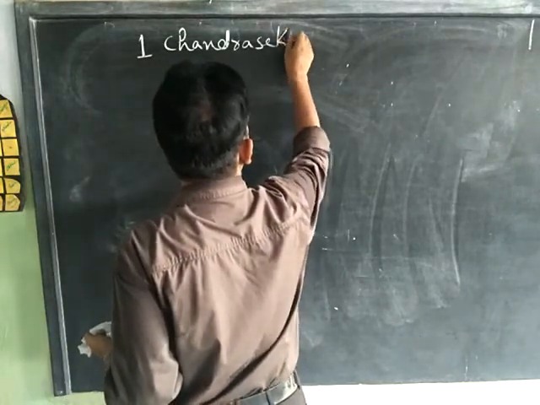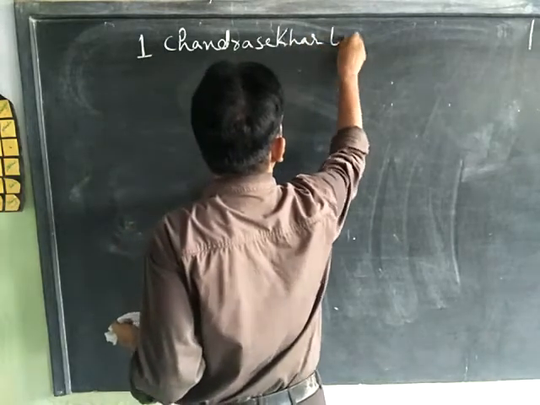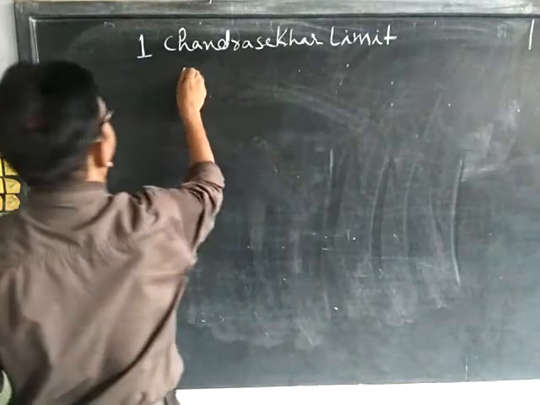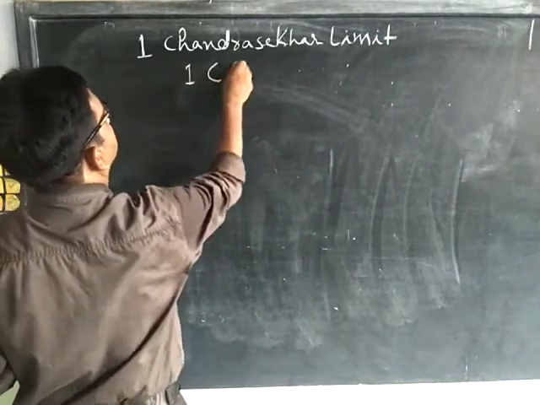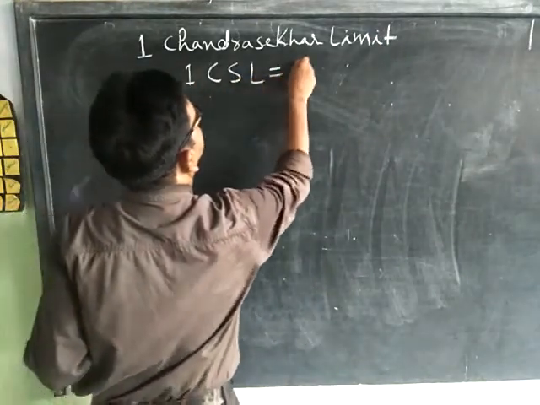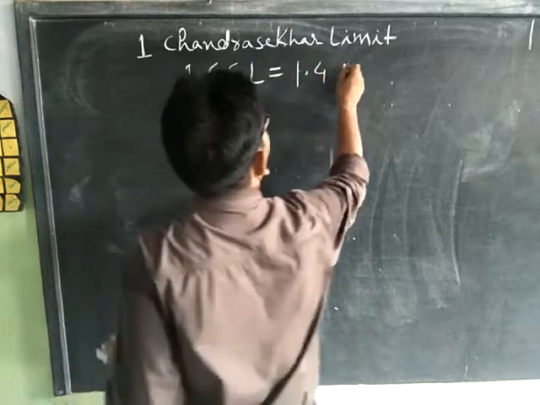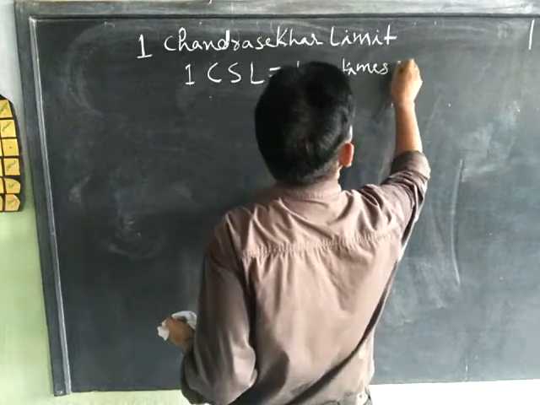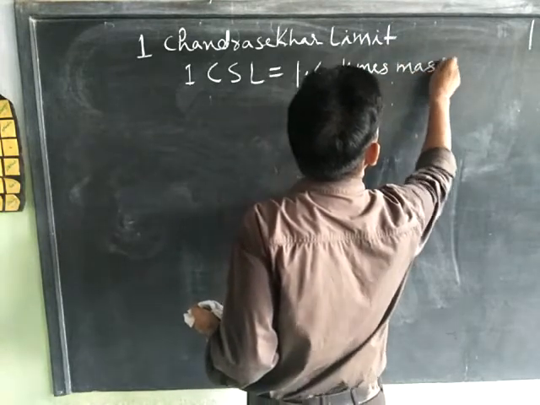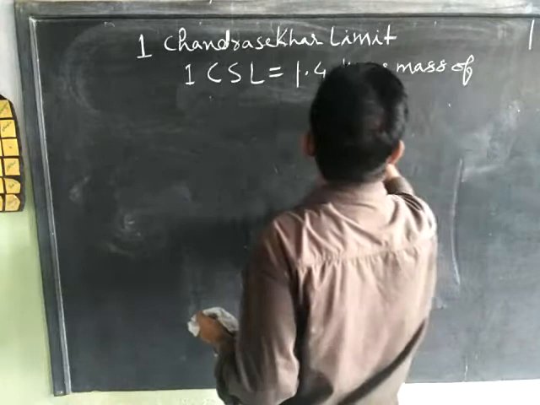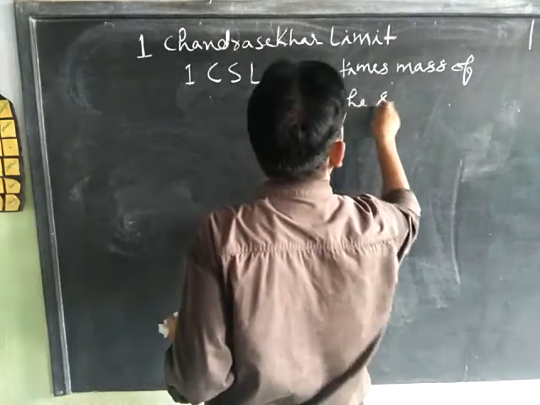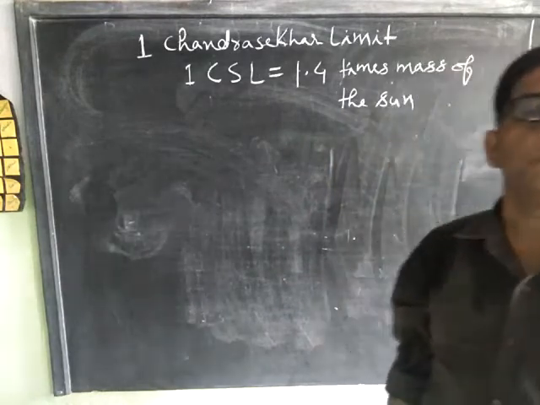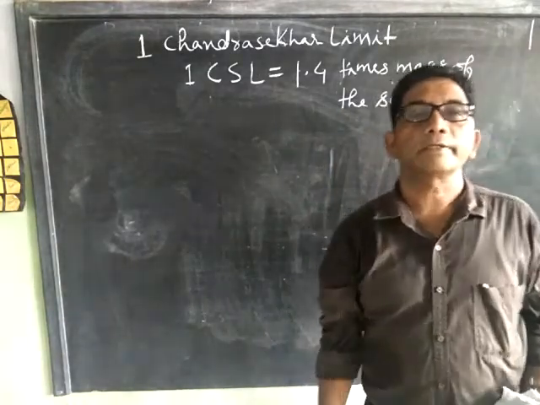That is, 1 CSL is equal to 1.4 times the mass of the sun.